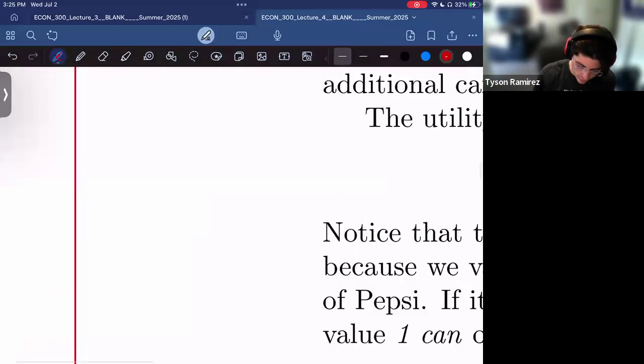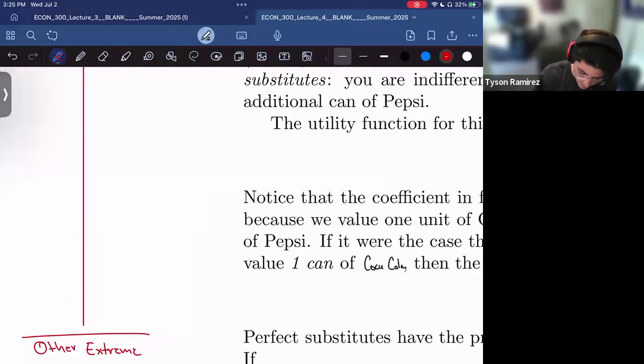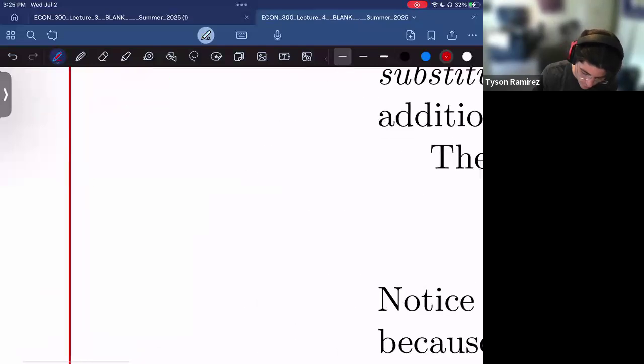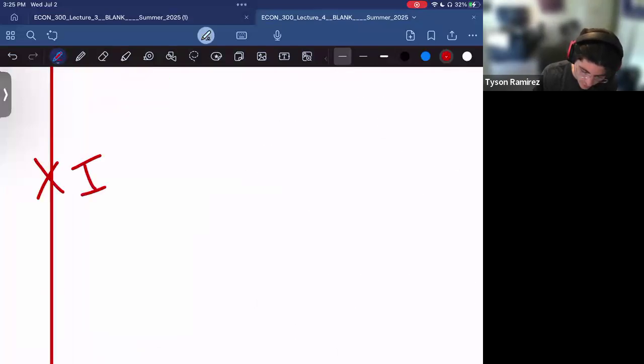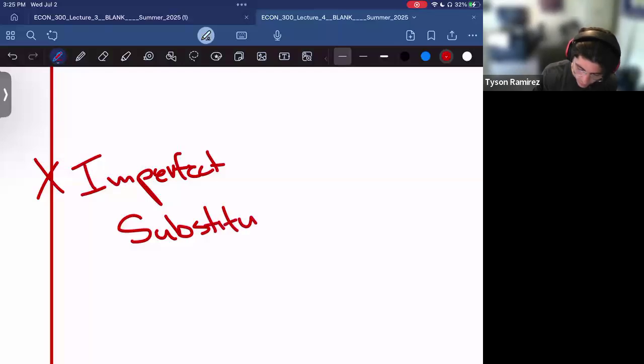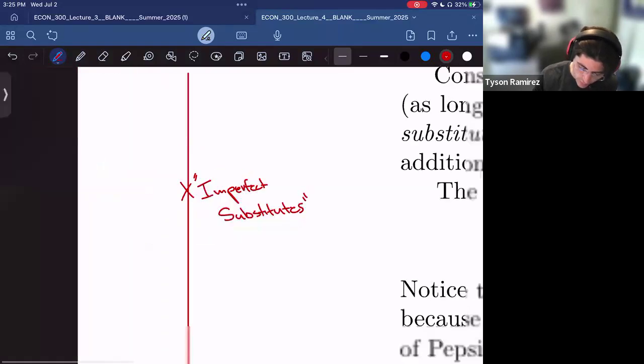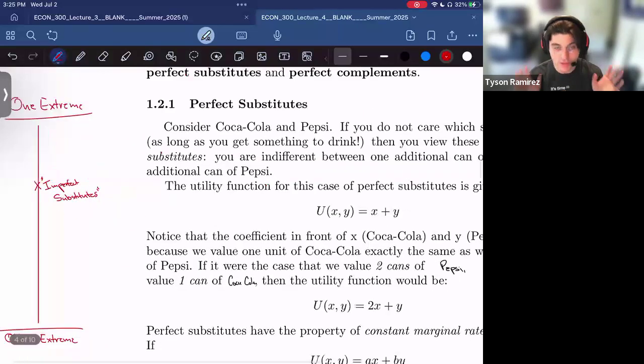So maybe you have something right here. If it's not a perfect complement or a perfect substitute, then it's somewhere in the middle. And sometimes you will see things, especially if you read the textbook, referred to as imperfect substitutes. So maybe that's a case where something is in the middle.